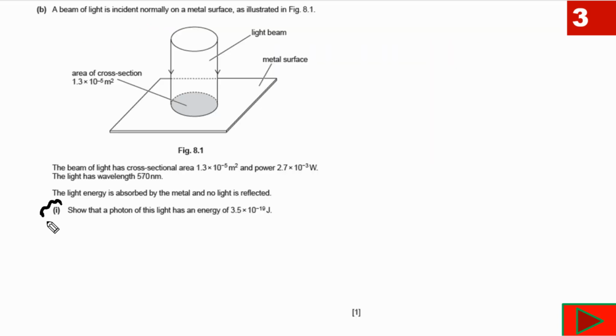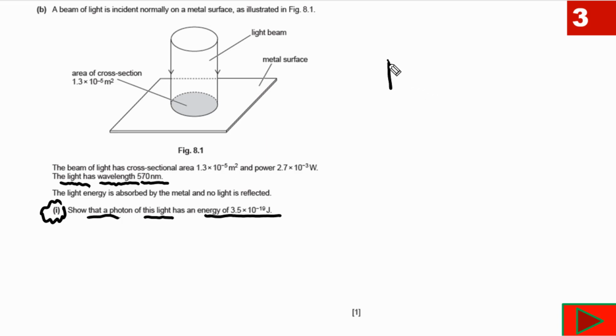For part B1, we need to show that a photon of light has energy equal to this. Let's see what is given to us about light. It is given that it has a wavelength equal to 570 nanometers.